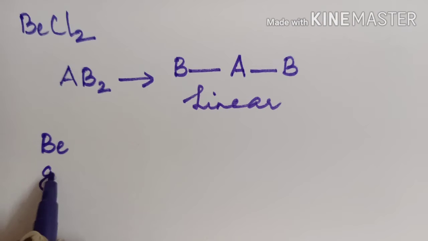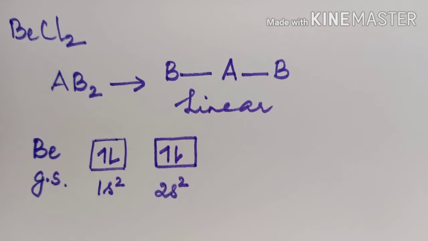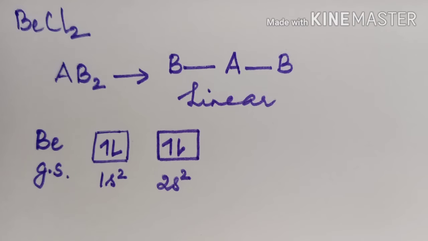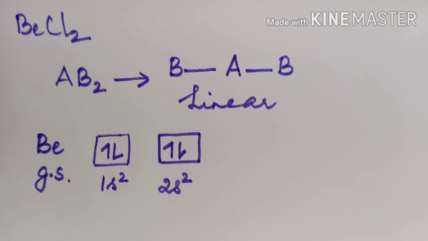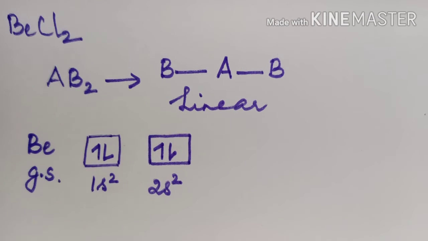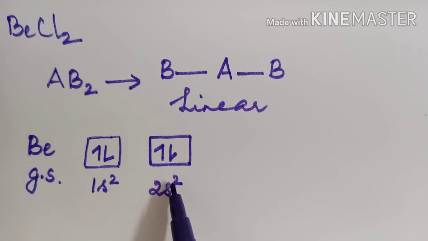The ground state electronic configuration of beryllium has filled orbitals in 2s.